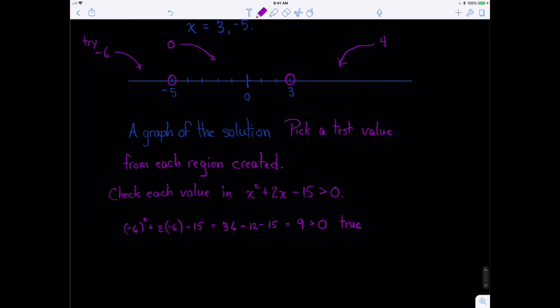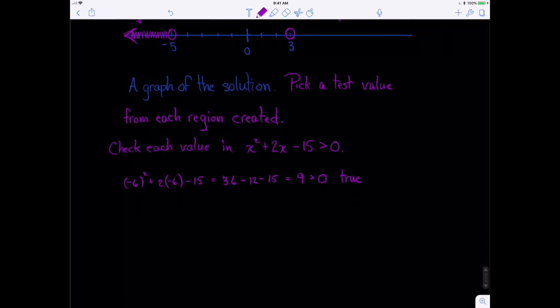Since it's greater than 0, which is what we want, then what we would do is we shade this entire region because it's successful. Let me put a little arrow on it. Okay, so that was the -6.